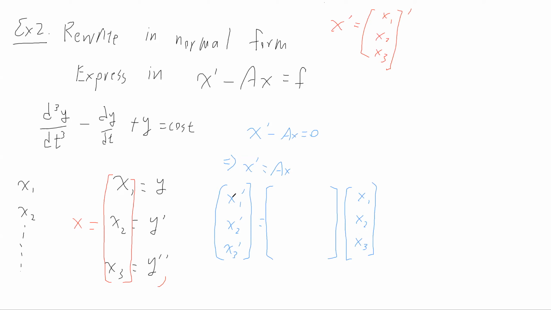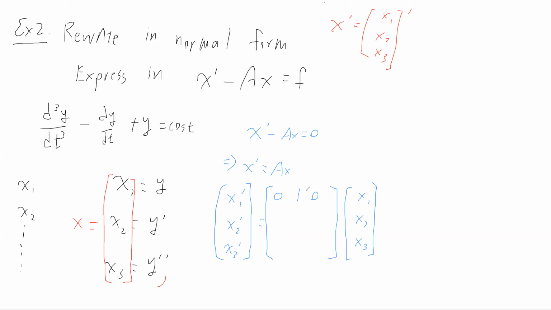Okay. Now x1 prime is right here. Well, x1 is equal to y, so x1 prime is actually equal to y prime, and we know y prime is x2. So that means for x1 prime, there is going to be an x2 in here. So the coefficient of x2 is going to be 1, and the other two are going to be 0.